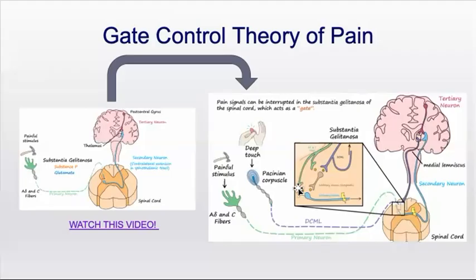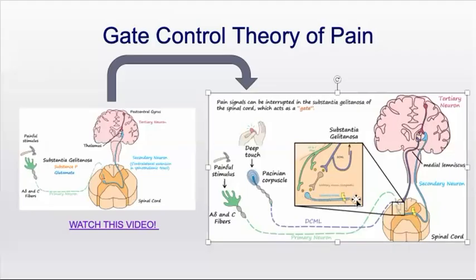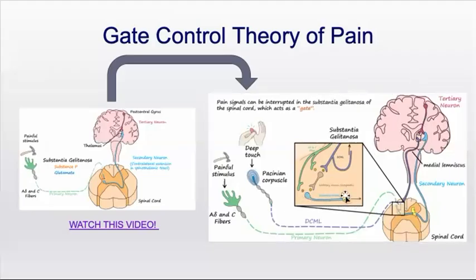And this is where it's going to synapse onto the secondary neuron, and that's going to send the painful stimulus up to the thalamus. The purple neuron here is the inhibitory, or gate control, neuron, and it attaches to an interneuron. This interneuron also attaches to the second order neuron for the painful stimulus, and it can reduce the transmission here.